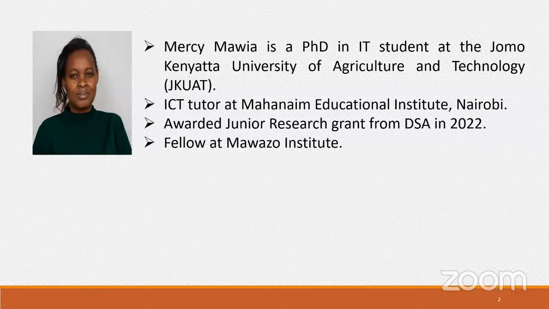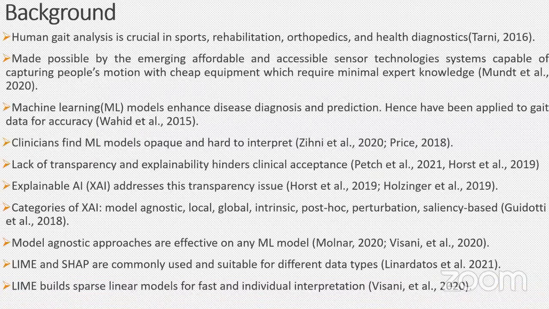So, a small background of what we are doing: human gait analysis is really crucial in sports, health diagnostics, orthopedics, and so on. Because of that, there have been a lot of emerging sensor-based technologies that are cheaper and can capture information about the human gait.